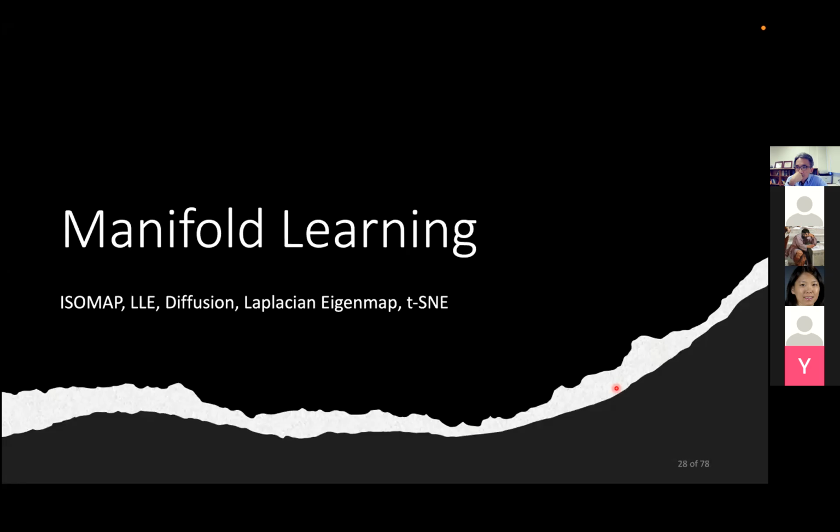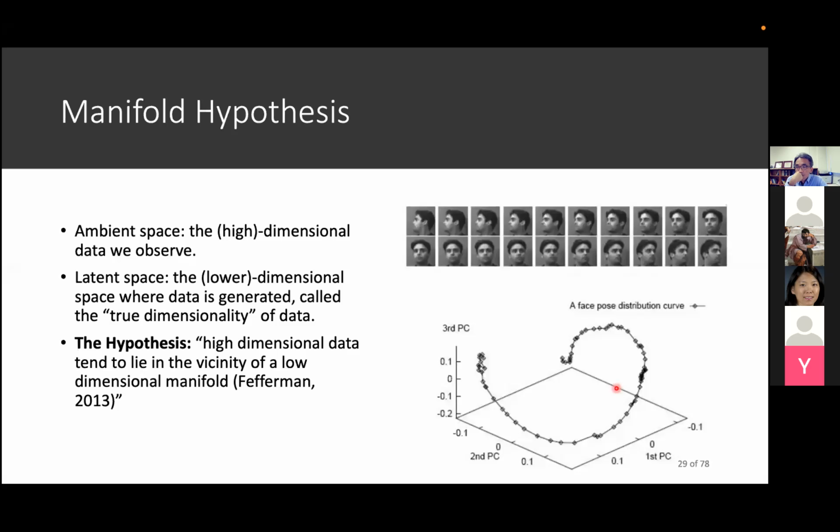All right. So now we have a little bit of time to go into the manifold chart. There are a couple of algorithms specifically dealing with manifolds. The first one is the manifold hypothesis, which says that high dimensional data lies in the vicinity of a low dimensional manifold.